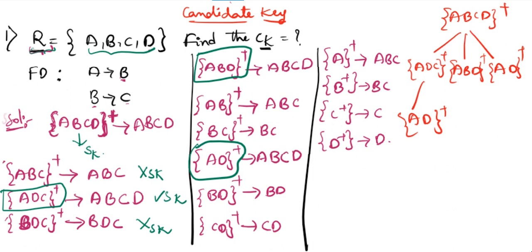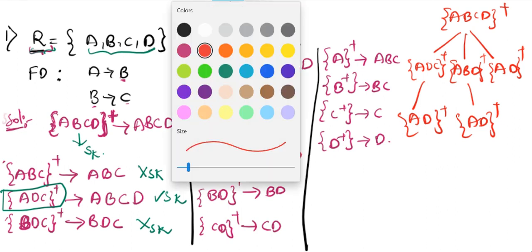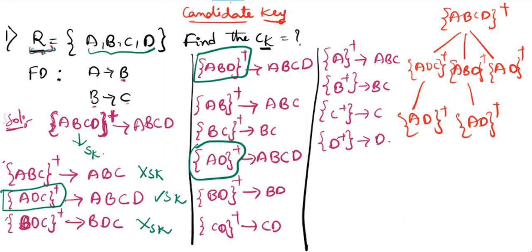AD is a subset of this one, right? And this one also has AD as a subset. And this AD is also a super key because AD is a super key. First one, let us take this one. This is the super key, and these are the subsets.